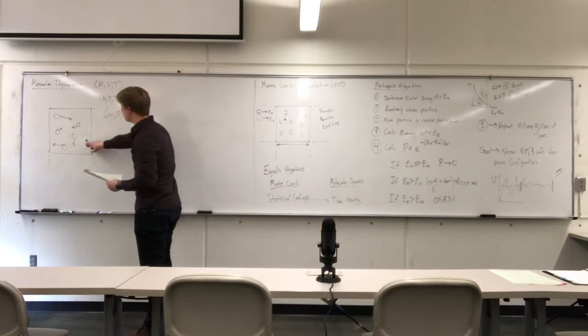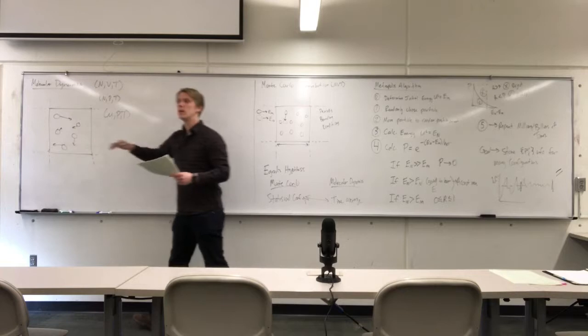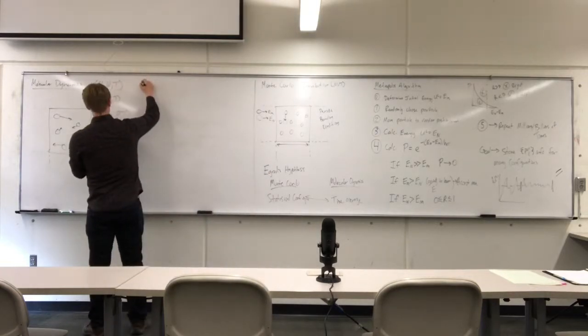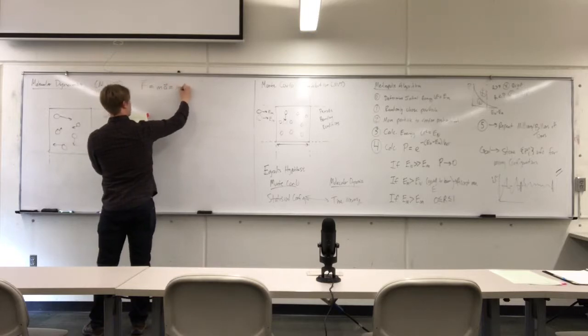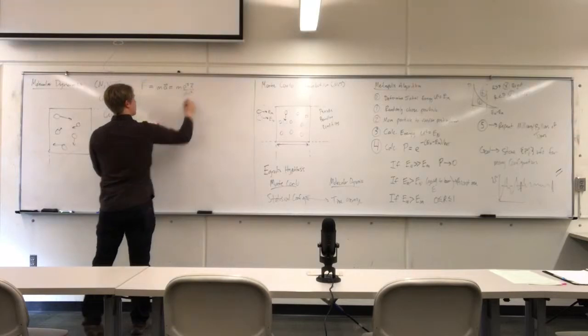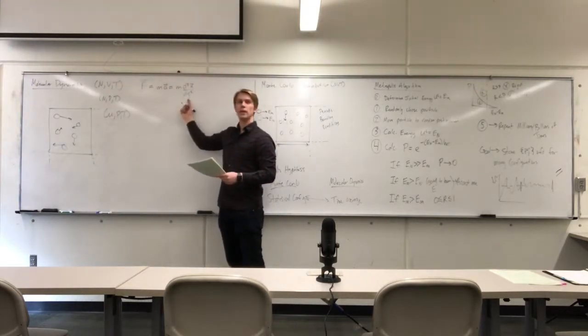So what we do in a molecular dynamics simulation is we assume that these are classical particles and they follow just Newton's laws of mechanics. So all we're saying is that the force acting on any particular particle is its mass times acceleration, which is equal to the second derivative of its position with respect to time. This is all we're doing, we're integrating this expression.